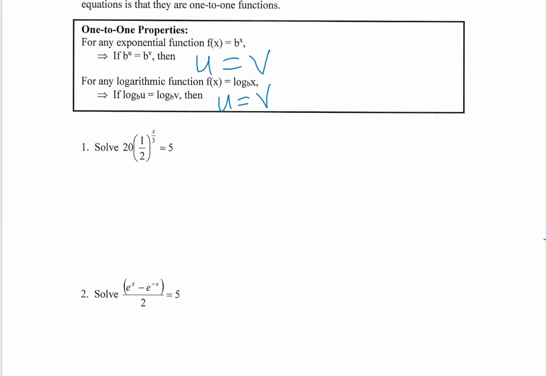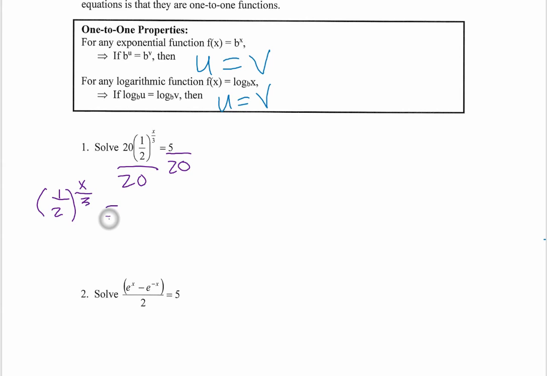So in question number 1, we want to solve 20 times 1/2 to the x over 3 is equal to 5. So we're really trying to solve for that x in the exponent. And this one we can actually solve without using logs at all, solely by using algebra and what we know about exponential equations. I want to get rid of this 20 out in front, so I'm going to divide both sides by 20, which on this side gives me 1/2 to the x over 3.